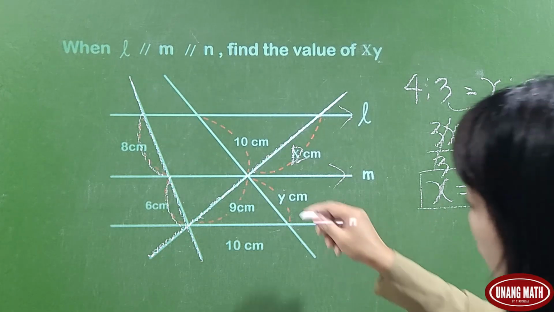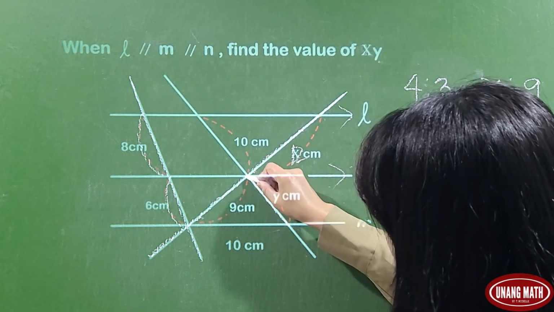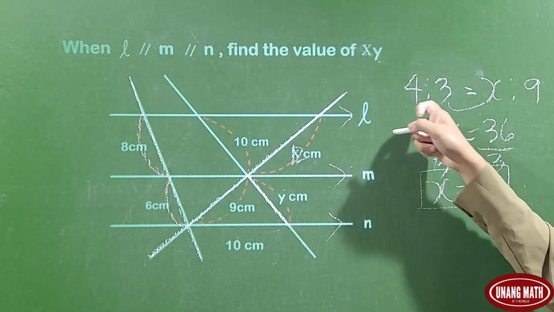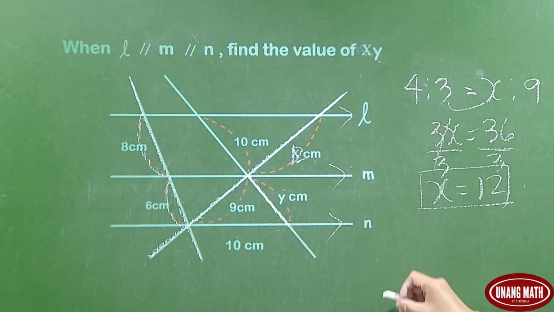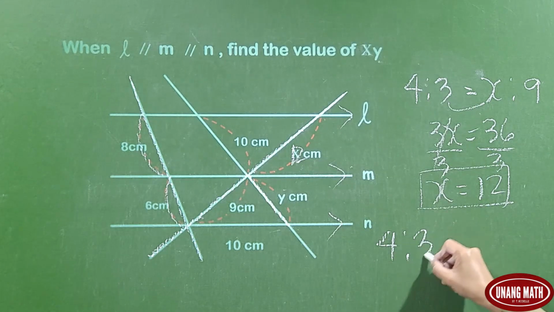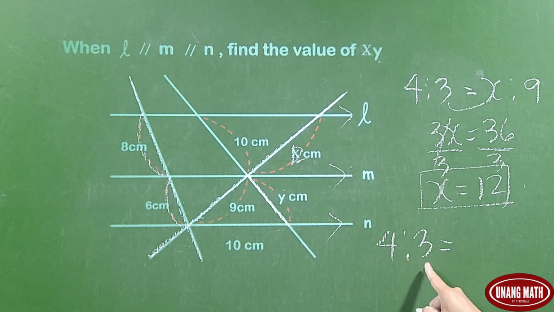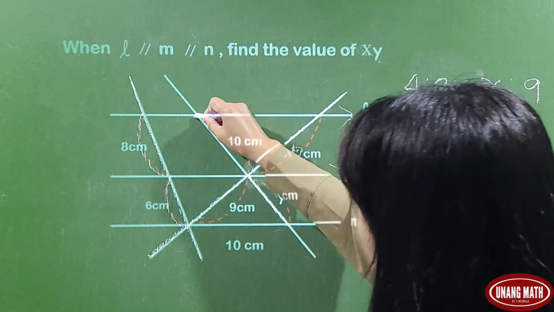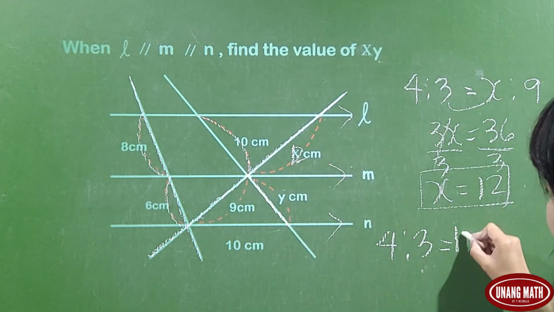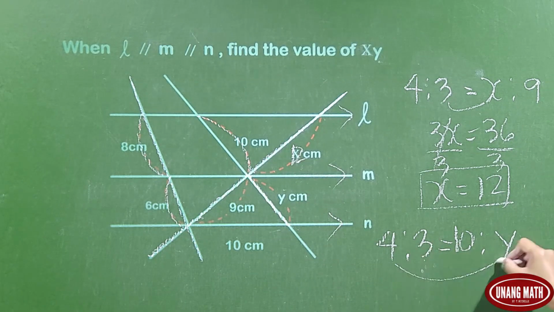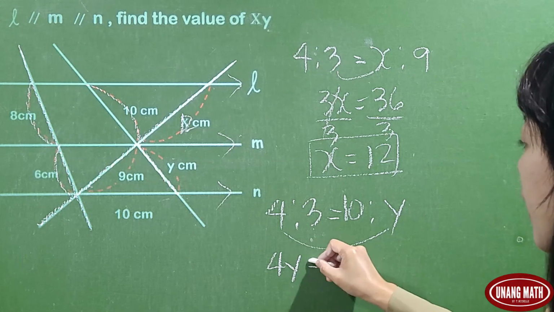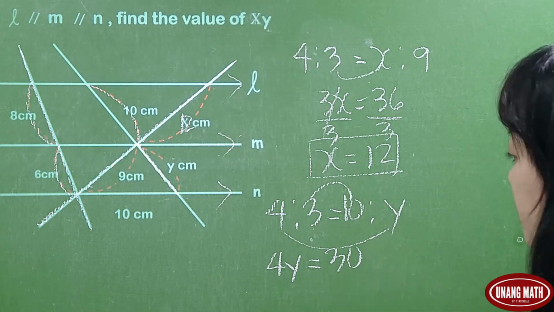Okay, what about Y or this segment? Since the ratio of similarity is 4 is to 3, let's make use of this ratio. 4 is to 3 would be equal to this ratio. So we have 10 is to Y. So this is 4Y, this is 30.